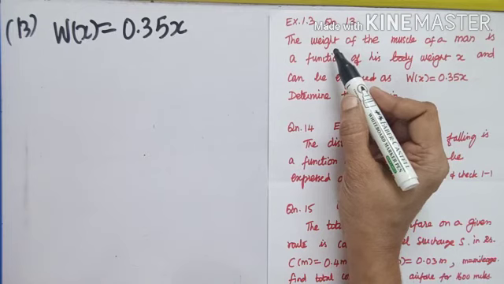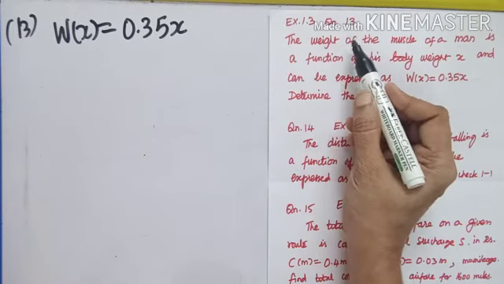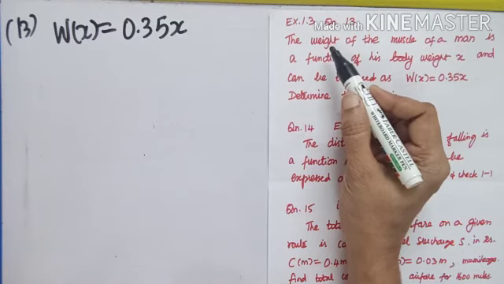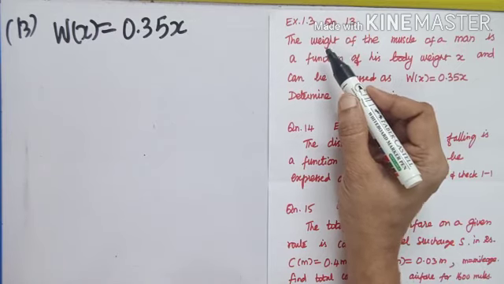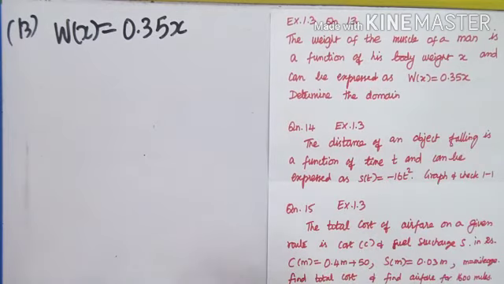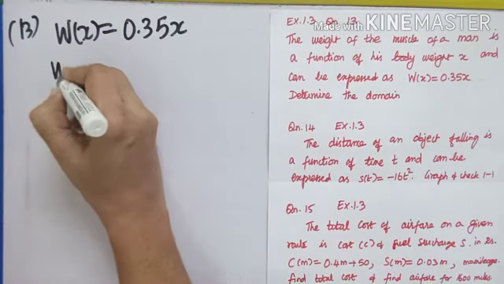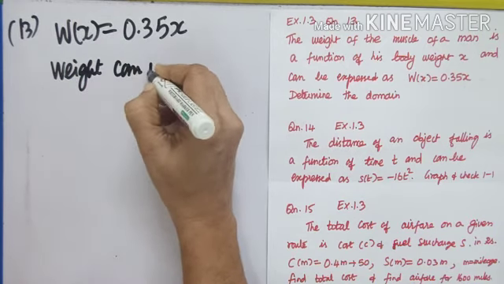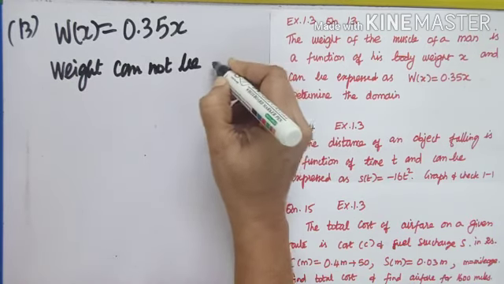So decimals can come. Which shouldn't come? You cannot say I am minus 5.3 weight. I am minus 50 kilogram weight. So weight cannot be negative. So that is the main thing that we want to say.